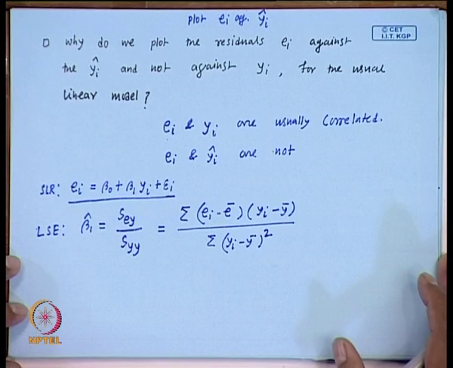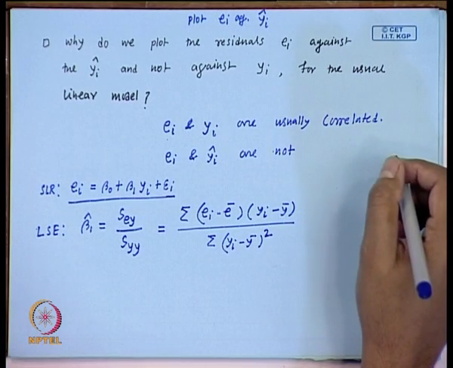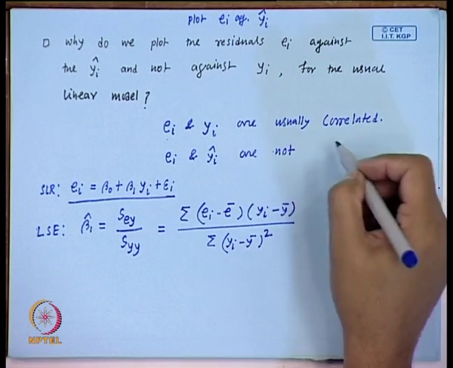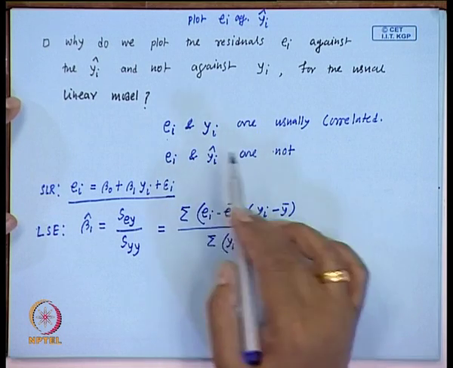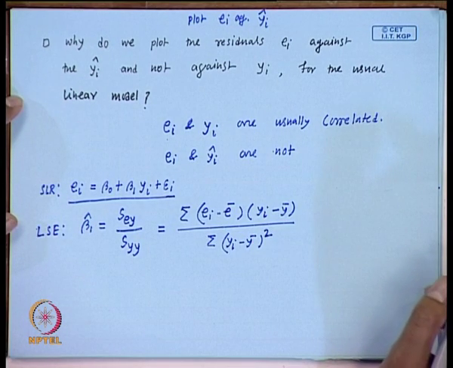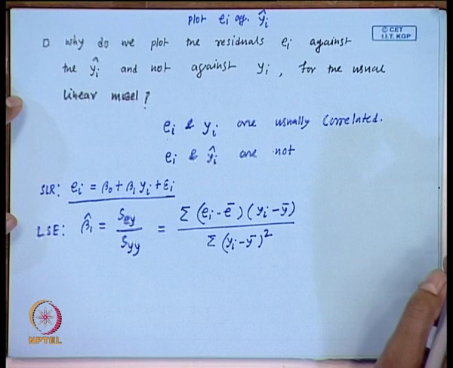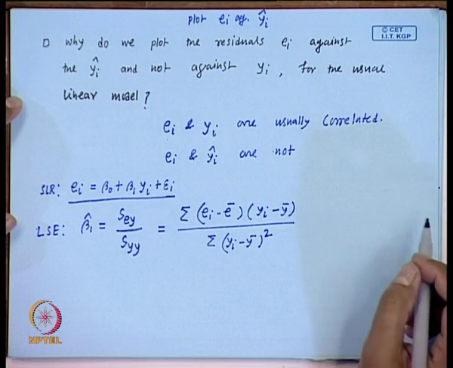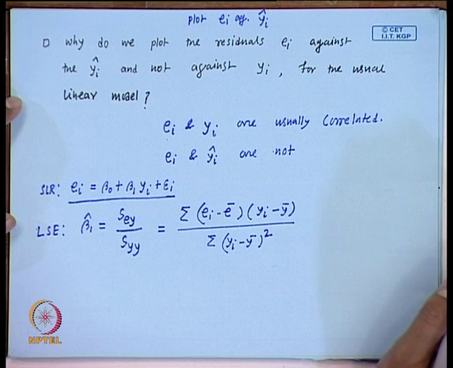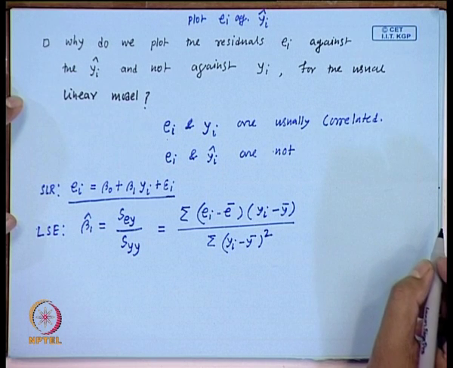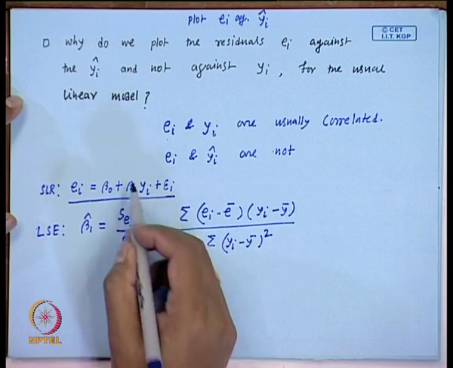So, what I am trying to prove is that there is a relationship between yi and ei, and I am trying to find out what type of relationship they have. If it is linear, then what is the value of the coefficient?